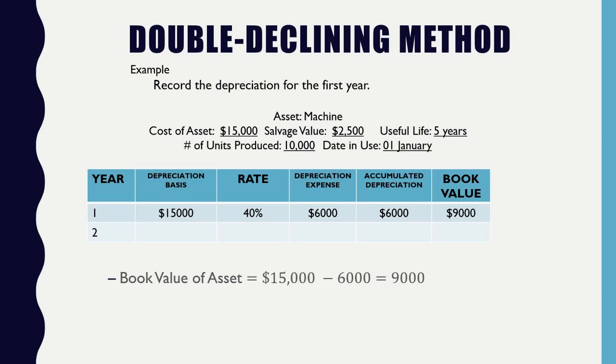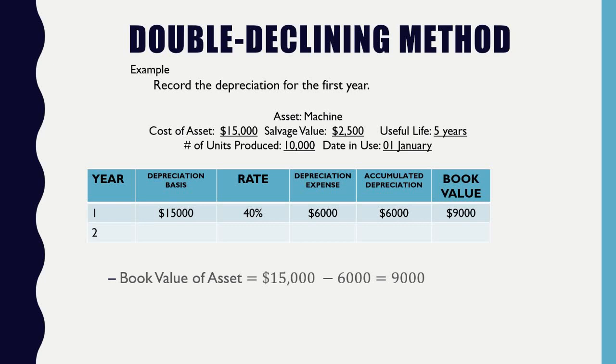All right? So then, how do we solve for year 2? Well, let's see. Year 2. I need to know what my depreciation basis is, which is the beginning of the year's book value. So in this case, if you ended year 1 as of December 31st, your ending book value will become your book value for the beginning of the year.